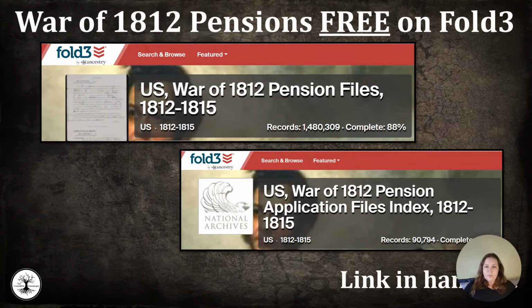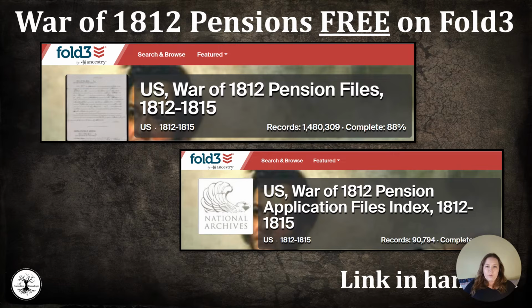As of August 2025, I think they are up through the letter T. They're doing them alphabetically. So even though the pension files are not complete yet, the application index is 100% complete. So if you are not sure if your person should show up in there, you can go look in the index and they will be included in there if they do have a War of 1812 pension.